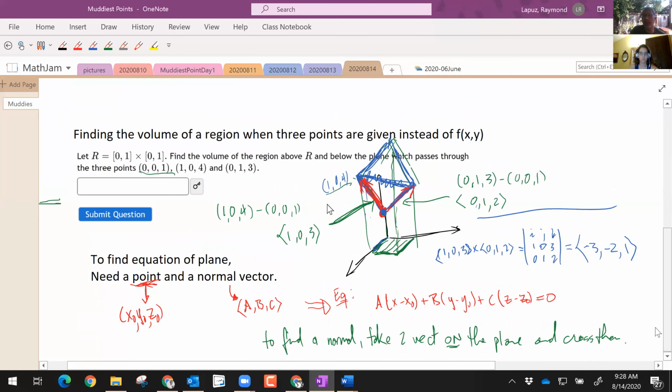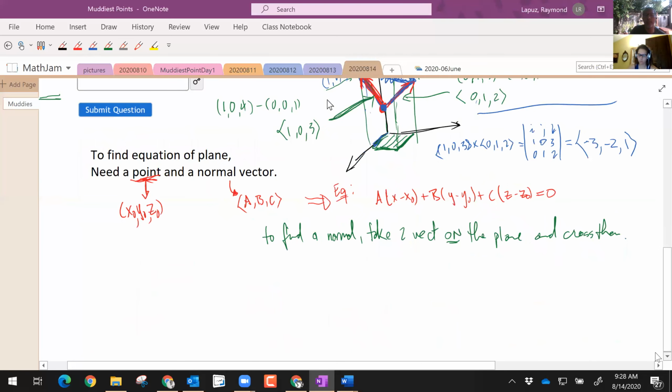Okay. So now that we have a point, just for simplicity's sake, let's choose the 0, 0, 1 to be our point. Again, you can choose whatever you want. But 0, 0, 1 has more zeros. And then normal, we'll call it little n or capital N. So it's a vector we just found, minus 3, minus 2, 1.